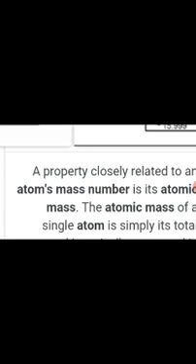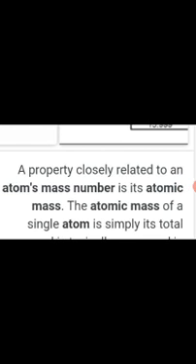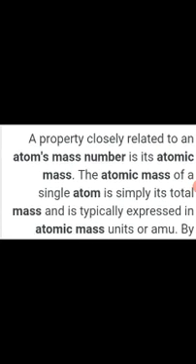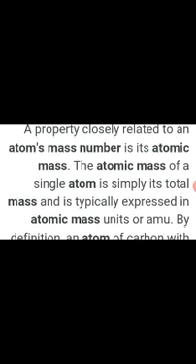A property closely related to an atom's mass number is its atomic mass. Mass number is the number of protons plus the number of neutrons. The sum of protons and neutrons is the atomic mass or mass number, and it is represented by A. The atomic mass of a single atom is simply its total mass, and it is expressed in atomic mass unit or AMU.